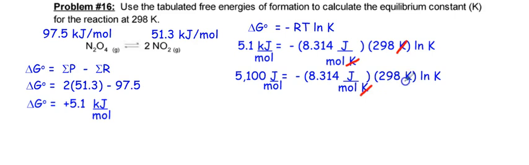What else can I cancel out? I can cancel out the joules. And I can also cancel out the moles. So now I'm left with no units. And is that a problem? The answer is no, it's not, because a natural log has no units, all right? So go ahead and do the math. What do you get?